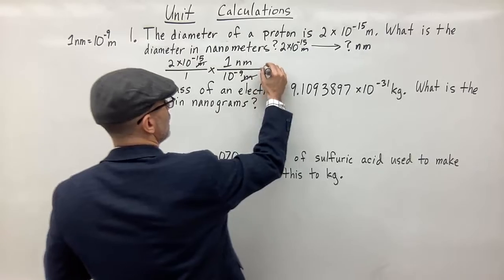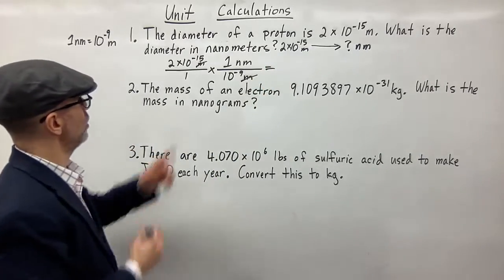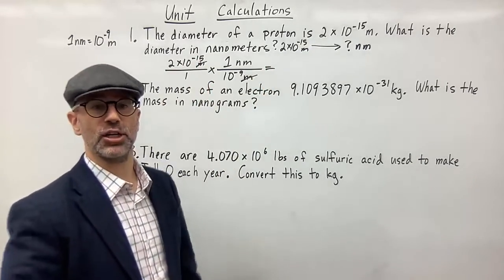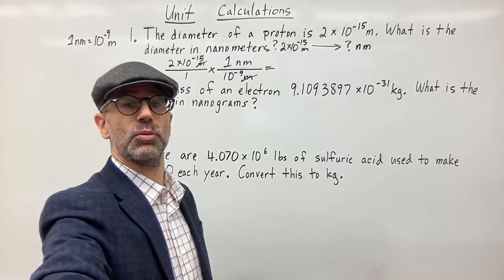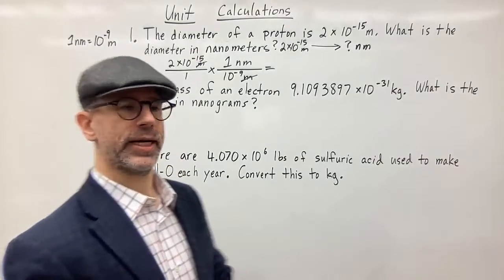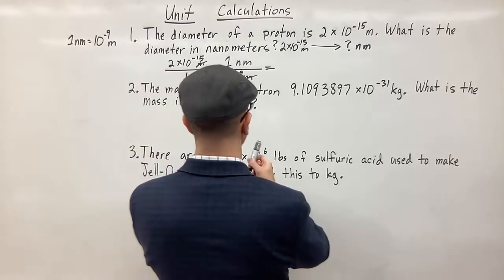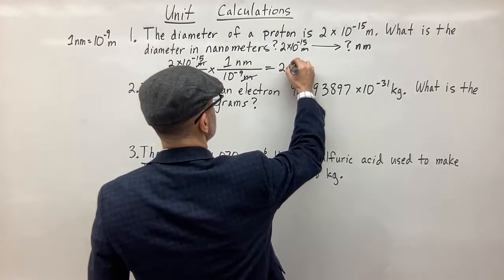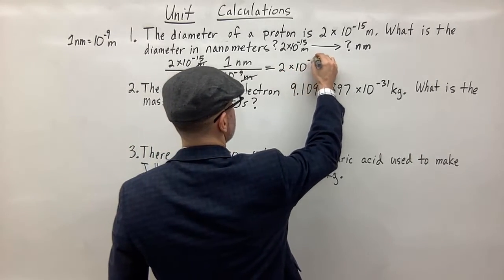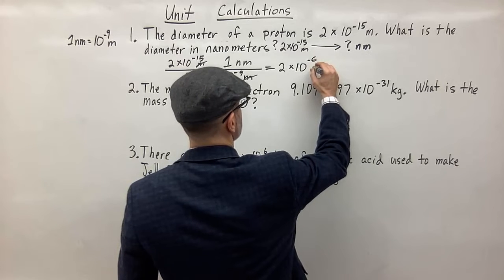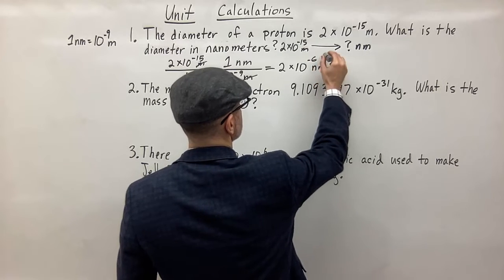So now all I need to do is multiply and divide, and I get my answer. And in this case, it would be 2 times 10 to the negative 6 nanometers.